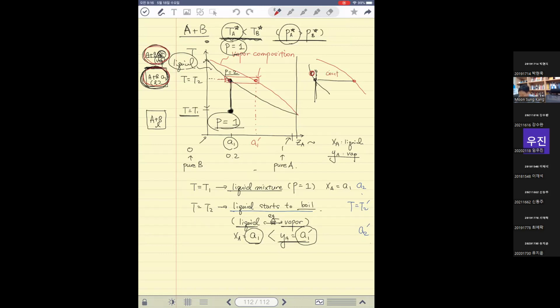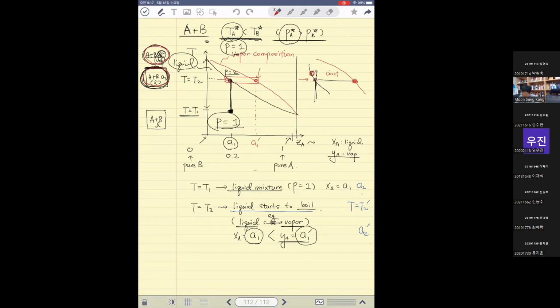According to the lever rule, it tells you at this specific point you have a 0 amount of vapor, or you can say that the vapor phase has just started or has appeared at this point, and 100% of the mixture is in the liquid phase.